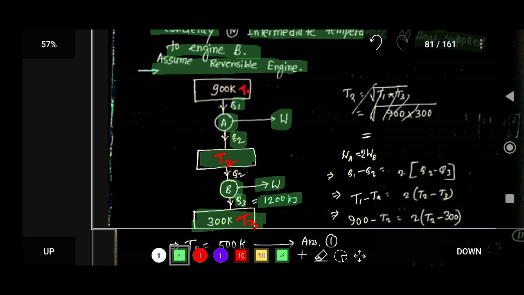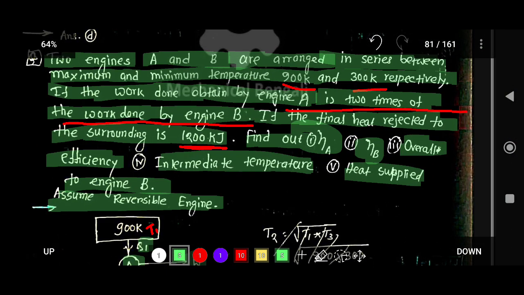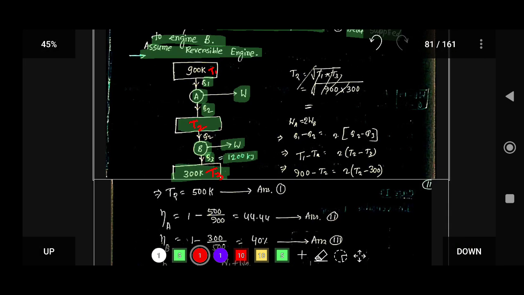In this question, if the final heat rejected to the surrounding is 1200 kilojoule, you have to find out the answers of this question.